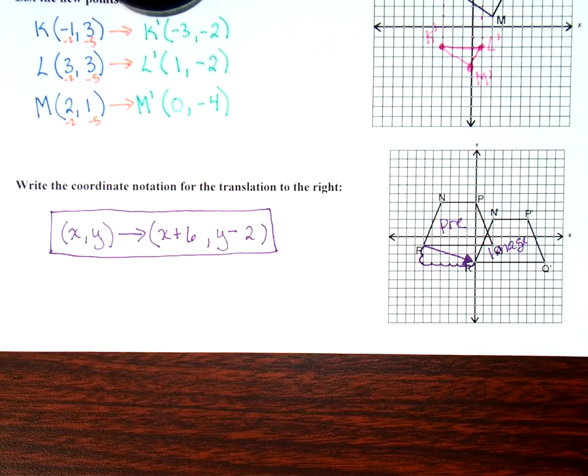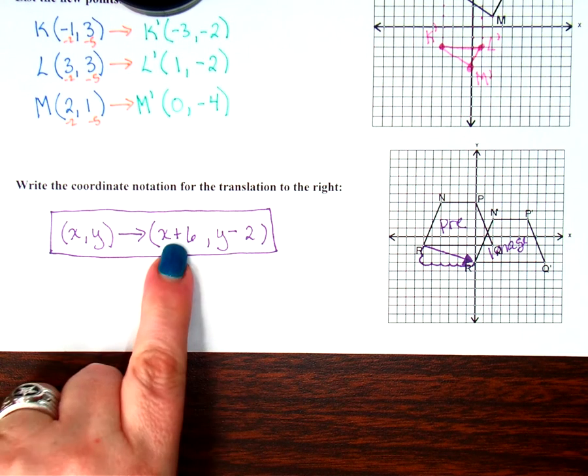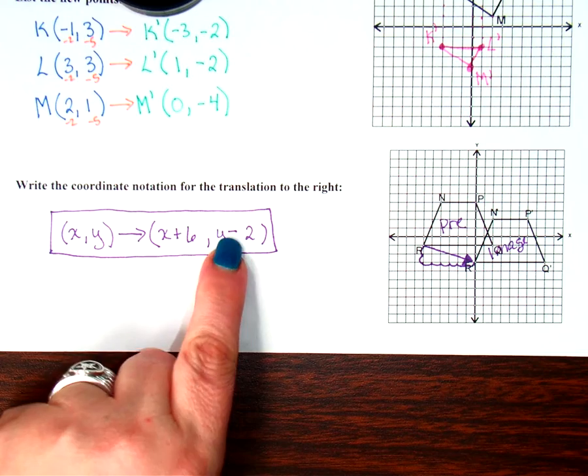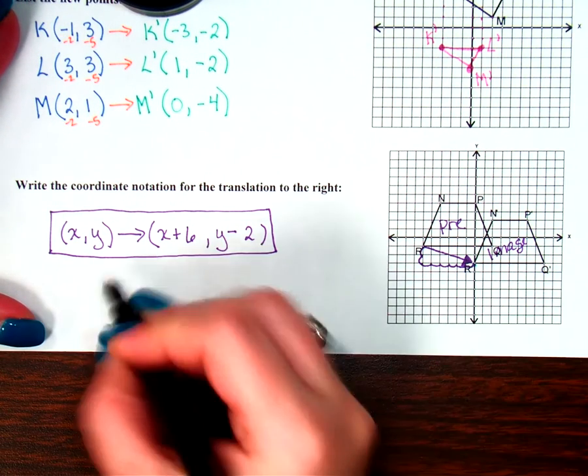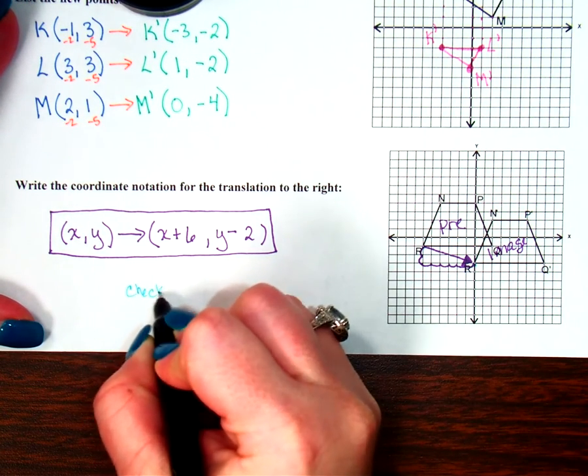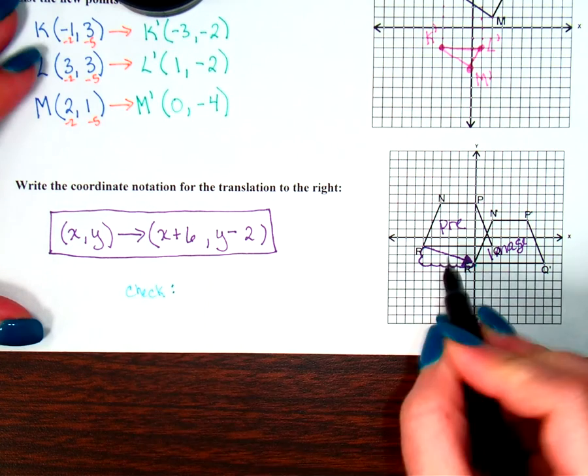Okay? If we want to check that coordinate notation, then what we need to do is just pick two corresponding parts and make sure that the x is increased by 6 and the y has decreased by 2. So since I went from R to R prime, those are the ones I'm going to use to check. And really, you could check all 4 if you wanted to.